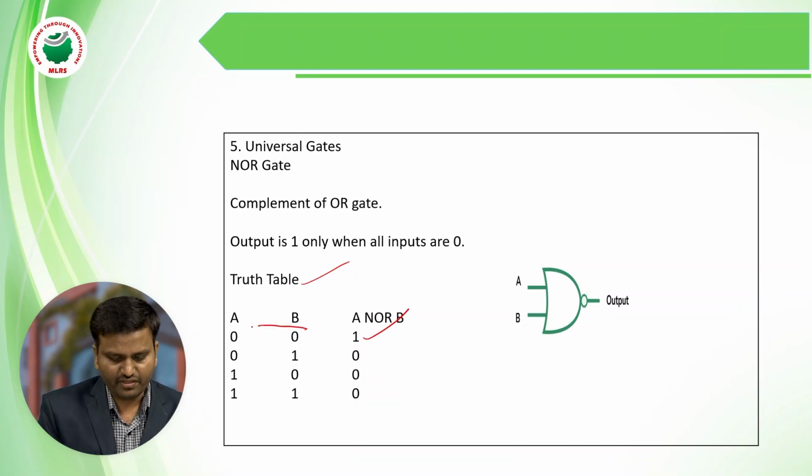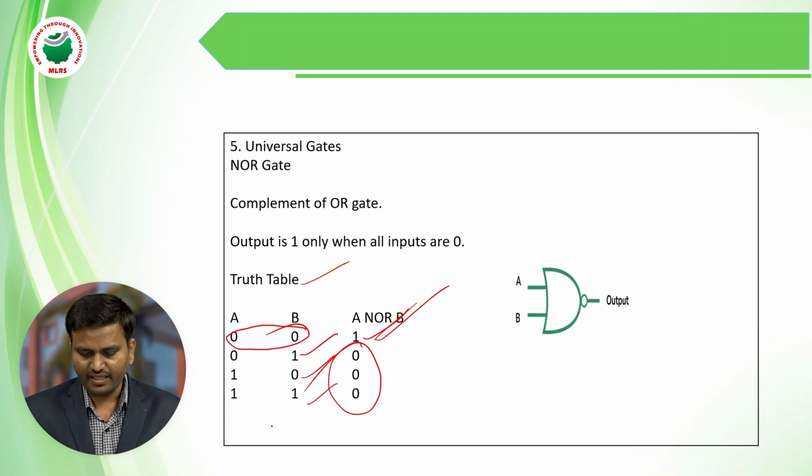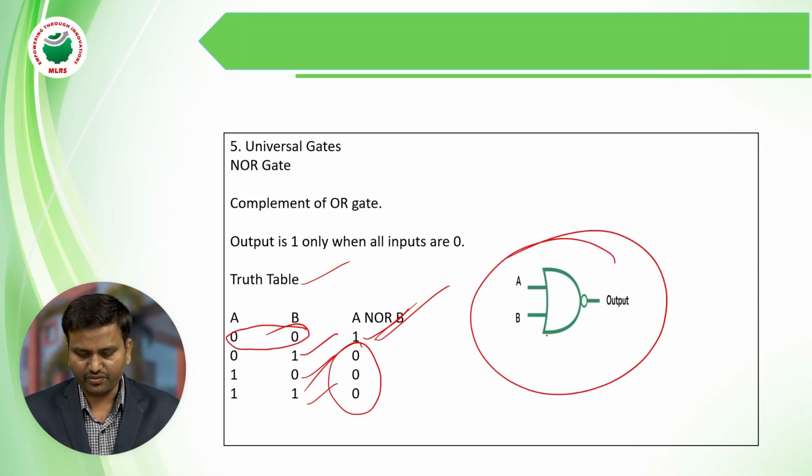Here we have to observe that. Remaining all states, 0 1, 1 0, 1 1, give output 0. The gate can be represented like this, with A and B as inputs and one output.